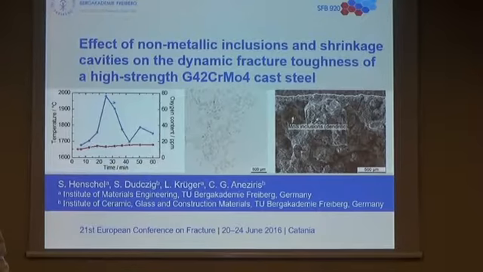So let's have a look at the test setup. Of course we performed the quasi-static and dynamic tensile tests, and also dynamic fracture toughness tests in an instrumented Charpy impact testing machine, where we don't use the full energy, just a small energy of 15 joules.